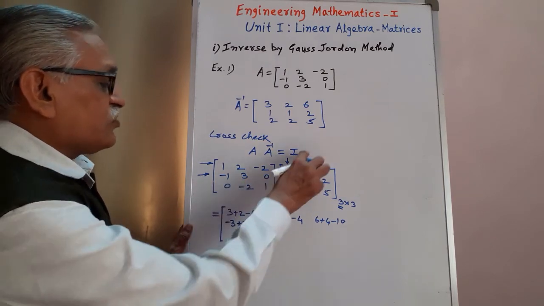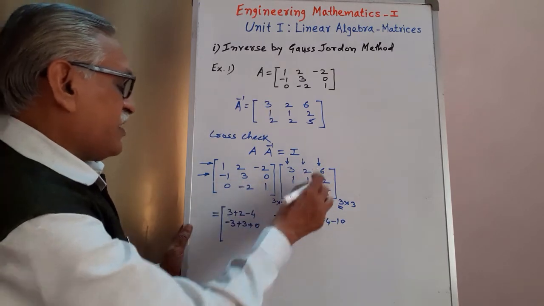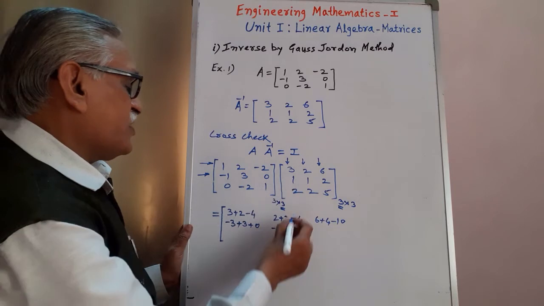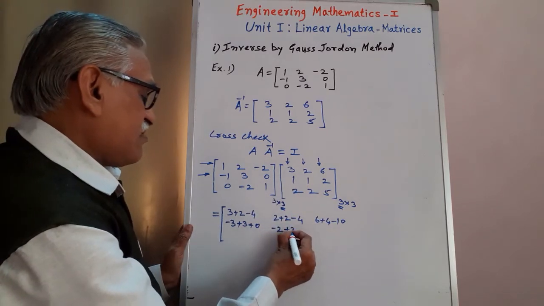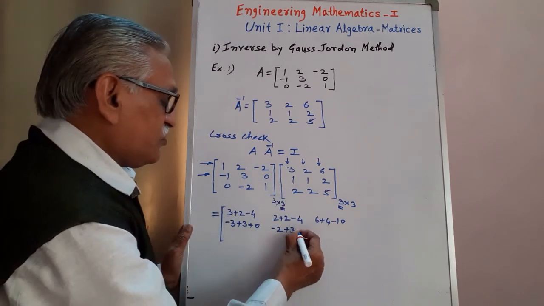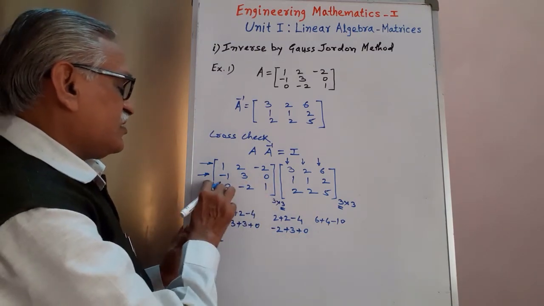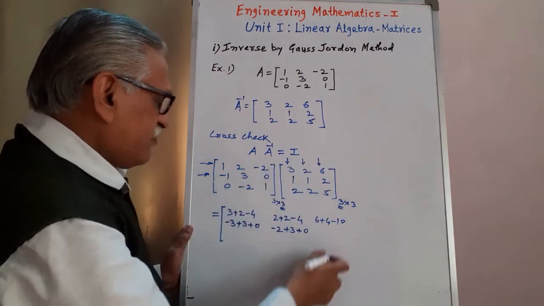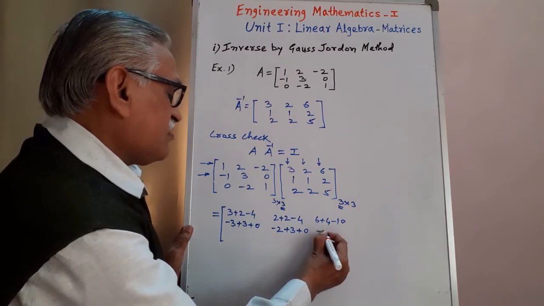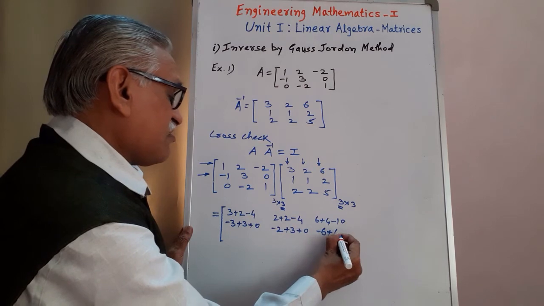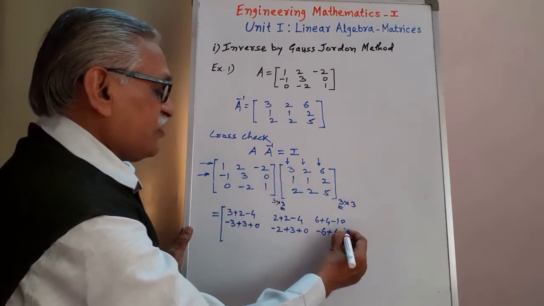Then the second row to the second column, minus 1 into 2, minus 2. 3 into 1, 3. 0 into 2, 0. By the same row to the third column, minus 1 into 6, minus 6. 3 into 2 is 6, and 0 into 5.